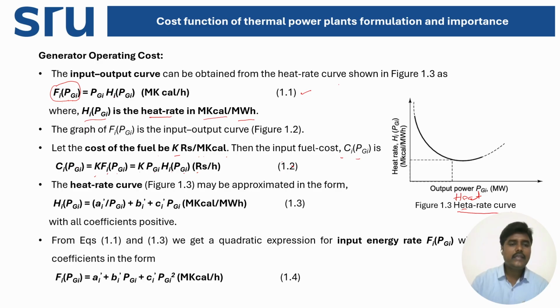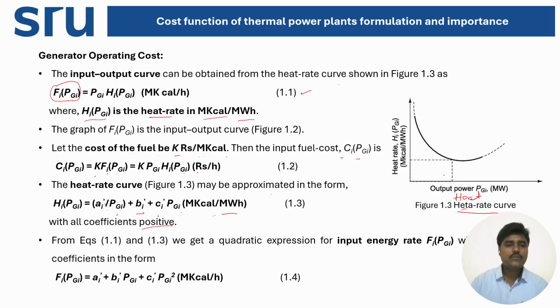So now this heat rate curve shown in figure 1.3 can be approximated by using this mathematical equation. So the heat rate curve or heat rate Hi of PGi can be expressed as Ai dash by PGi plus Bi dash plus Ci dash PGi million kilocalories per megawatt hour, where the coefficients Ai dash, Bi dash and Ci dash, all the coefficients are positive.